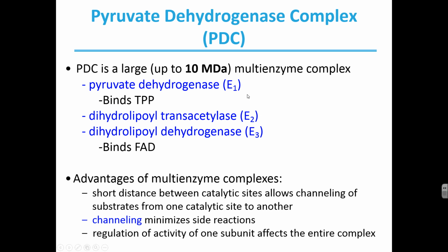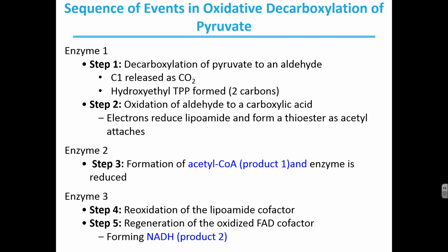By linking all of these enzymes together in a complex, we allow ourselves to continually see this reaction occur because we can channel one substrate from one catalytic site to another, eliminate side reactions, and highly regulate everything that's occurring. So now let's look at this total set of reactions. I'm going to flip to the picture, but here I've written in the notes for you so you can keep up with what's going on.